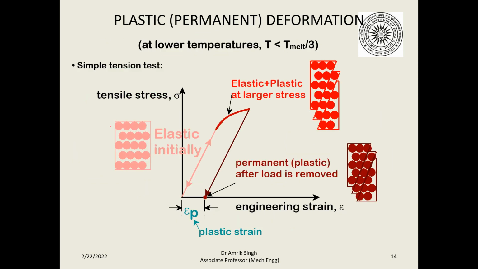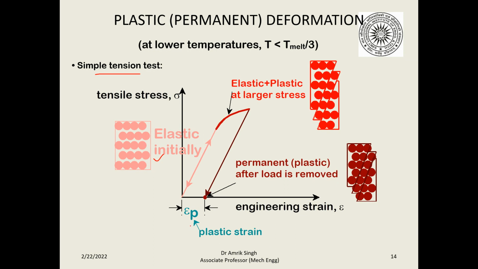Now plastic or permanent deformation, at lower temperature, T smaller than T melting by 3. In the simple tension test, we plot a curve between the stress and the strain. Initially it is elastic, like this. Then after this, the behavior is elastic plus plastic at the larger stress. When we remove the load, it comes back.